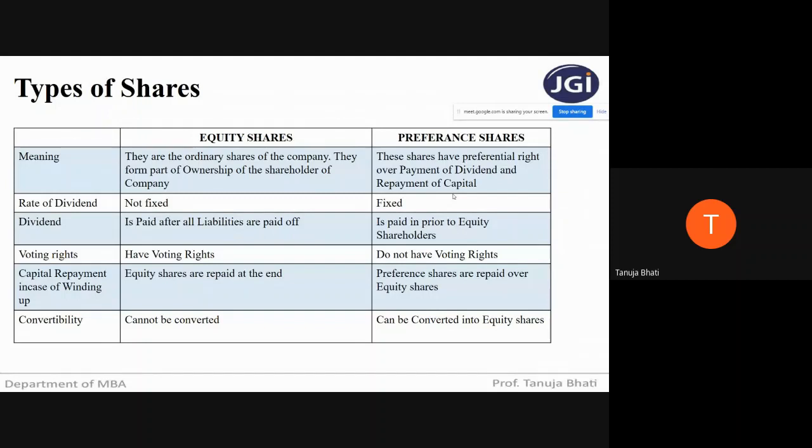As that student rightly said, since profits can shoot up, the dividend or the earnings available to equity shareholders also can shoot up. But that is not the case with preference shares or debentures, because they are fixed irrespective of the profit made by the company. So equity shares, being riskier, have the possibility of carrying maximum returns.